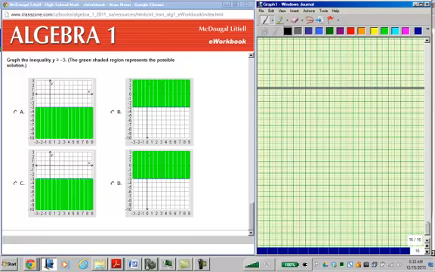Okay, y is greater than or equal to negative 3. Okay, the green shaded region represents the possible solution. All right, so it's greater than or equal to negative 3. So it's solid. We got 2 broken, so it's got to be A or B. Now, greater than or equal to. So we plug in 0, 0, only there's no x, because the slope is a flat line.